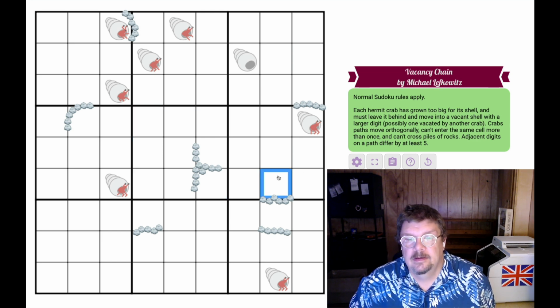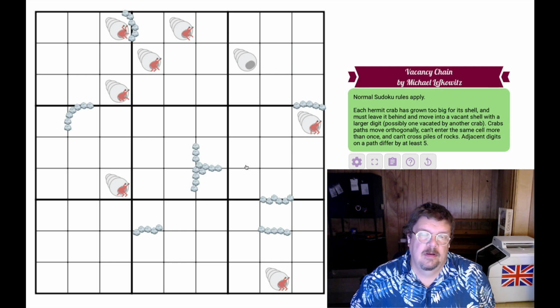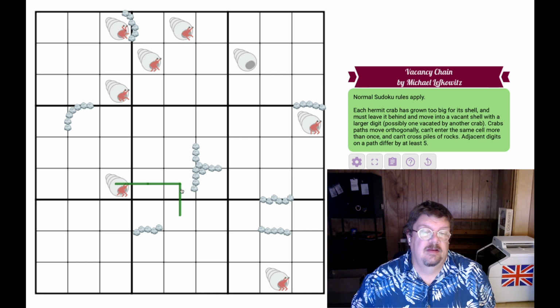So, what does that mean? Okay, so crabs are going to move in orthogonal paths, so it's not going to go diagonally. Orthogonally is basically the opposite of diagonal, so that would be diagonal, and then these are orthogonal lines.